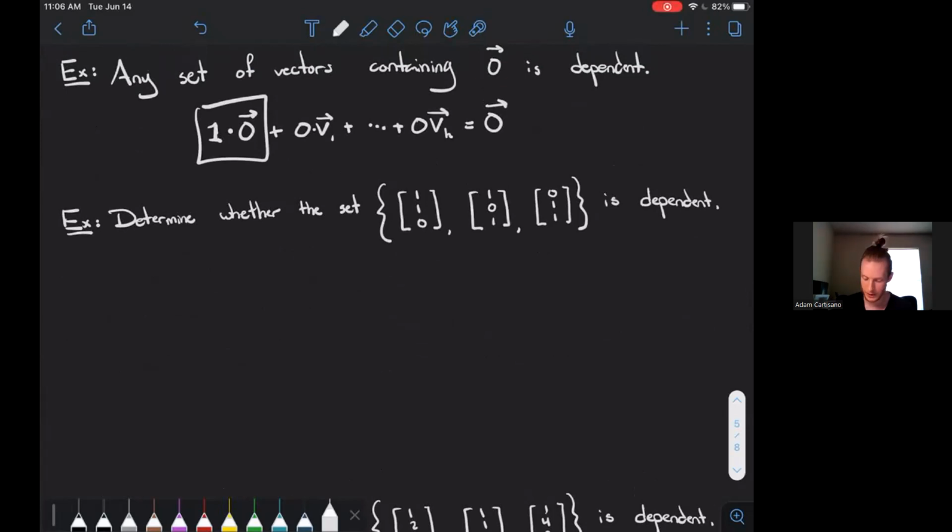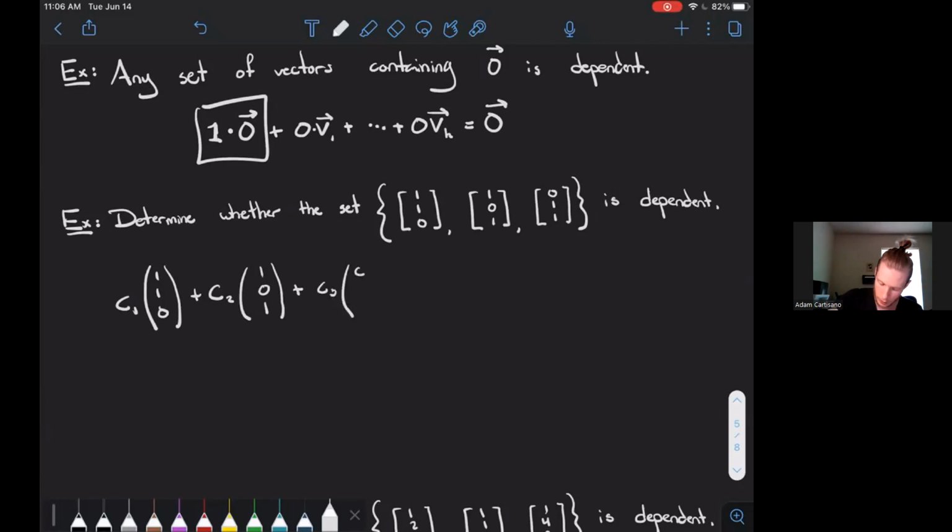So determine whether this set is dependent. In other words, we have to figure out: how do we determine whether a set is dependent? We have to say, can we write C1 times 110 plus C2 times 101 plus C3 times 011?